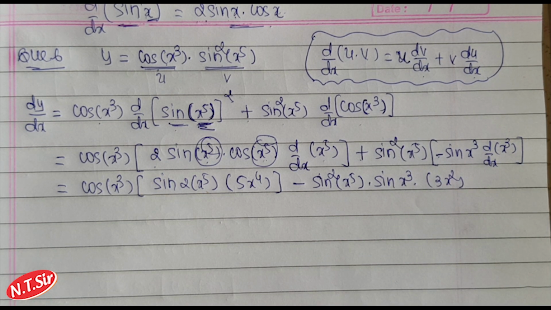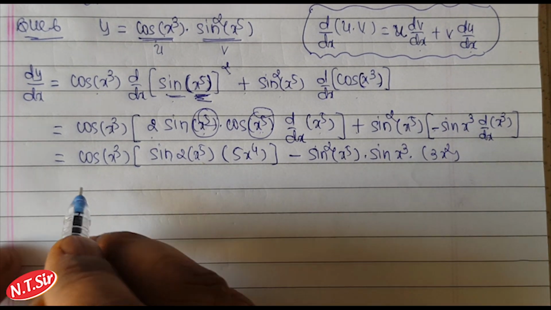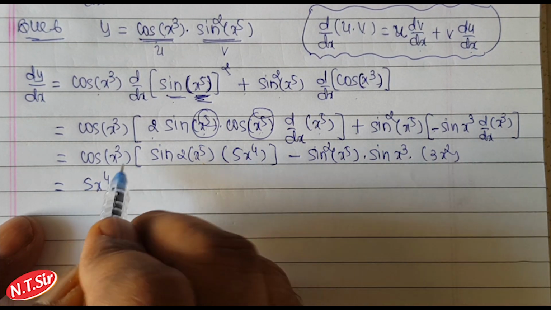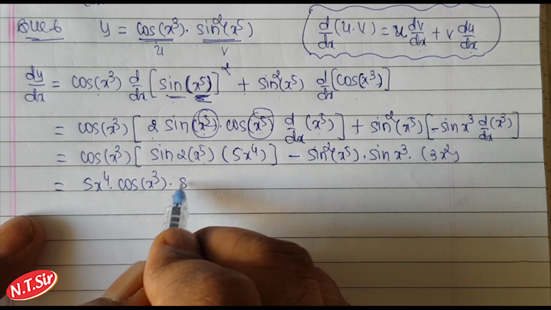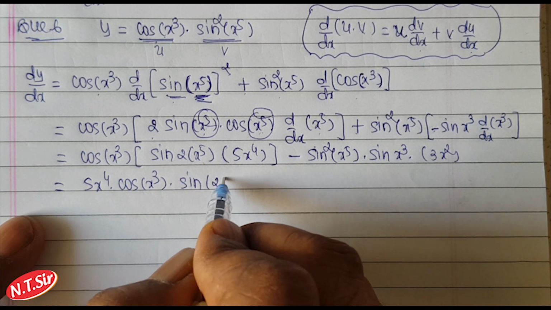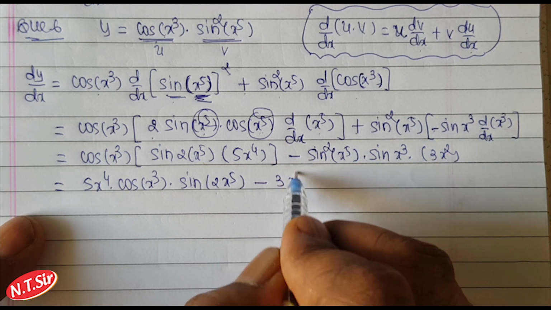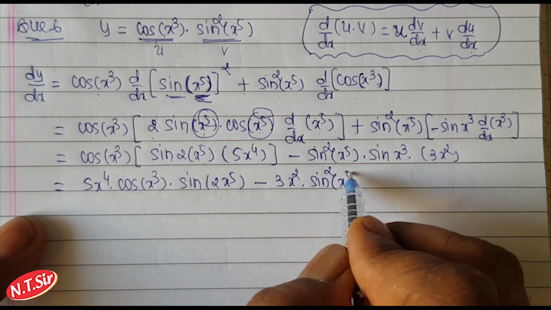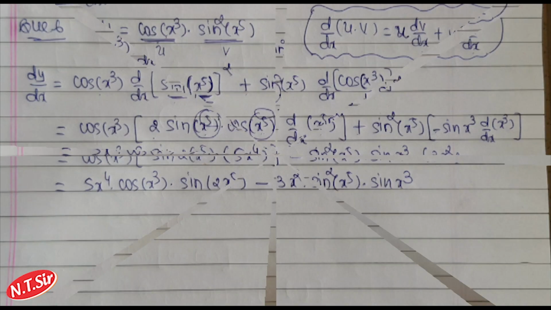Derivative of x cube is 3x square. So what we get here? This is 5 times x raised to 4 cos x cube sin 2 times x raised to 5 minus 3x square sin square x raised to 5 into sin x cube.